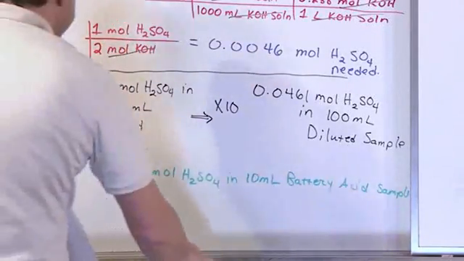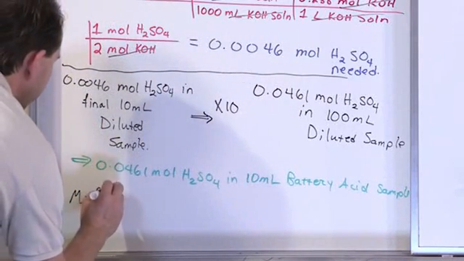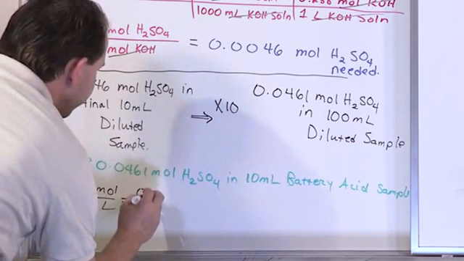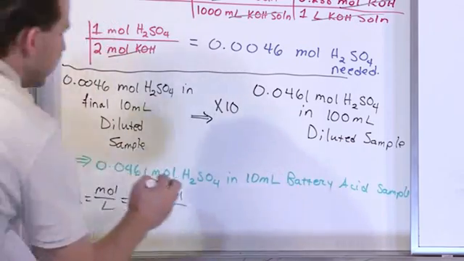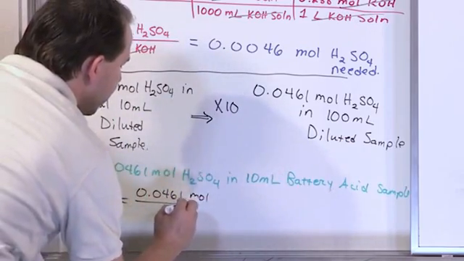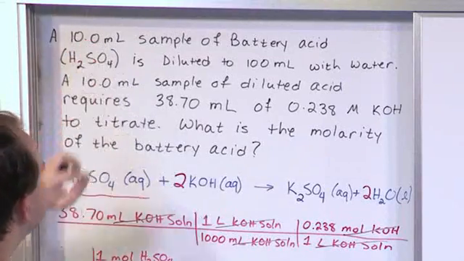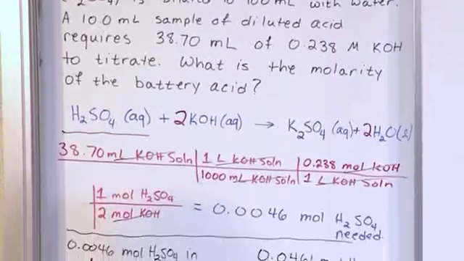So molarity, big M, is moles over liter. I know how many moles of battery acid, 0.0461, that's moles. Okay, what is the sample? Well, when I look back up here, it was a 10 milliliter sample. You can't put 10 down here because that's in milliliters. You need to put it in terms of liters.